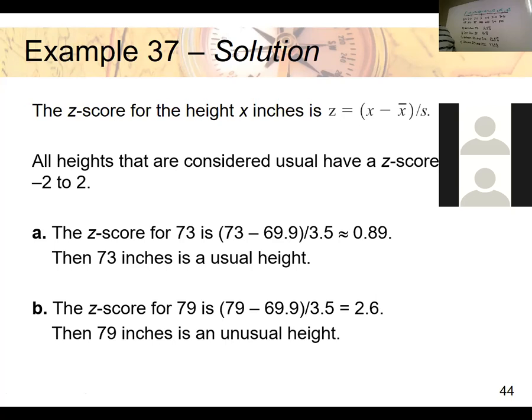So that means 79 inches is an unusual height. And if we want to be more specific, it would be a height that is significantly high. Questions on that?